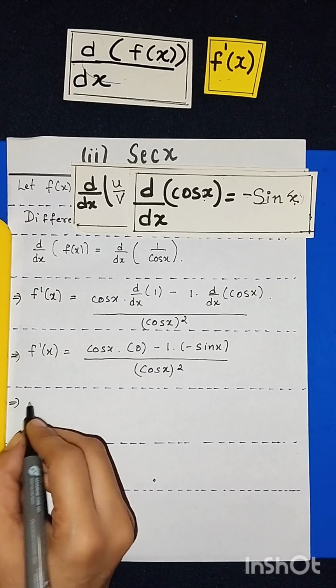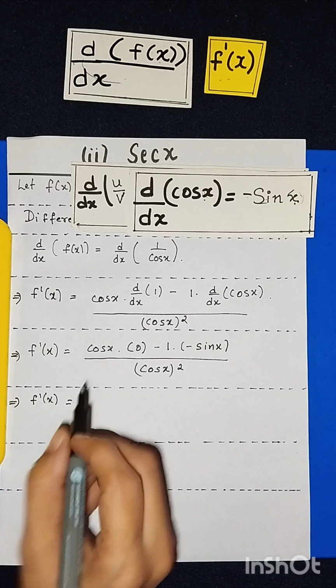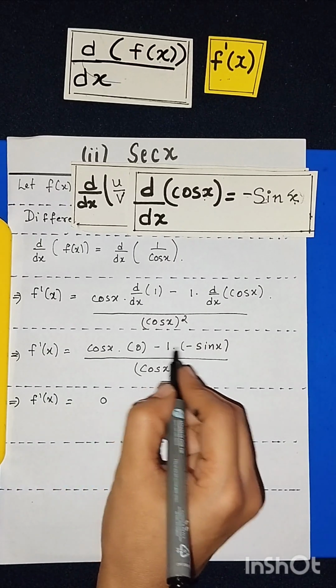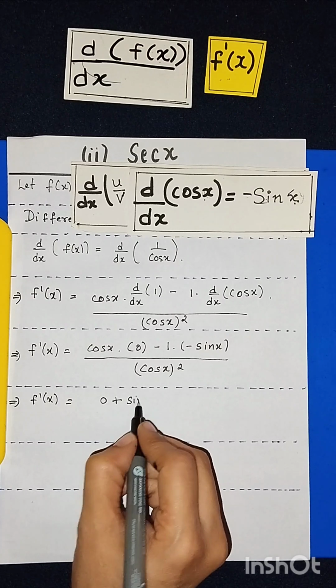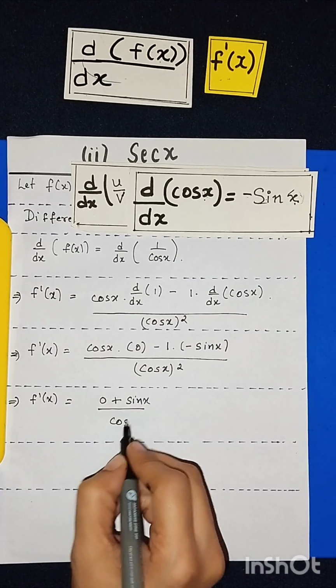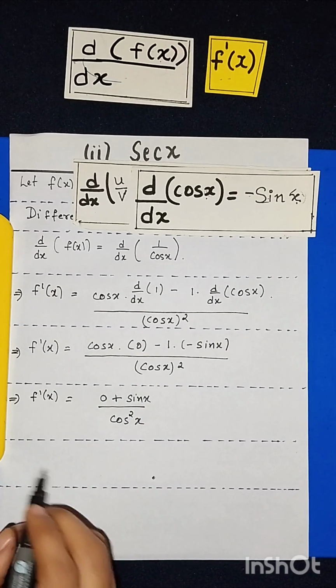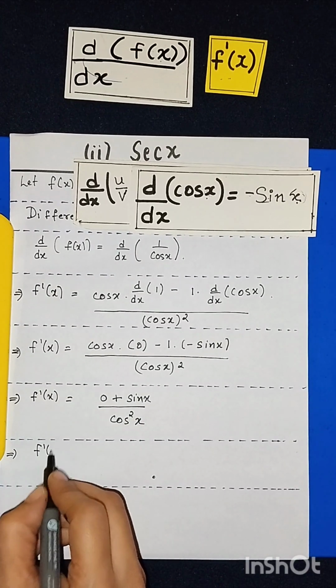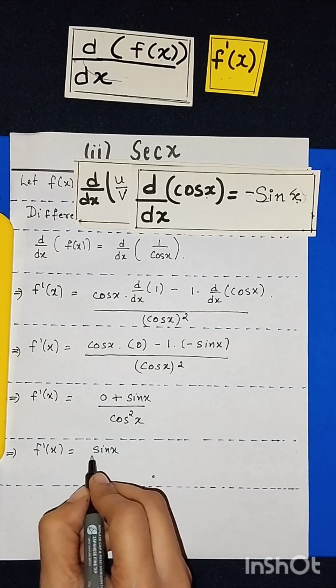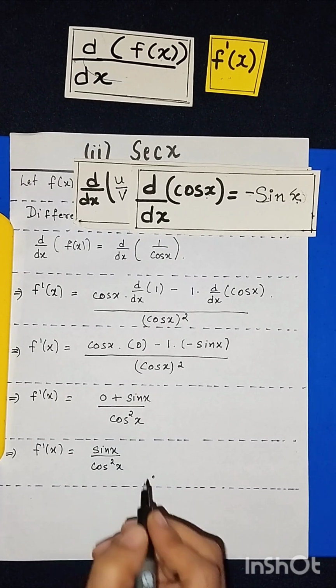Now this implies f dash of x is equal to cos x into 0 is 0. Minus times minus is plus, sin x divided by cos x the whole square, which can be written as cos square x. Now this implies f dash of x is equal to, 0 plus sin x will be sin x by cos square x.